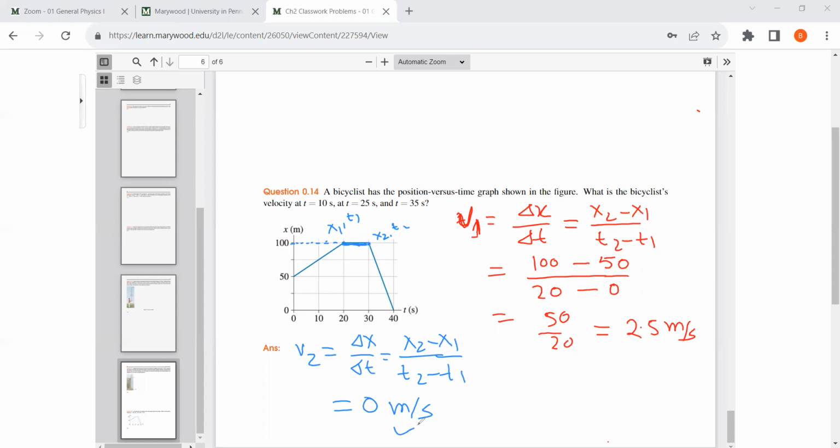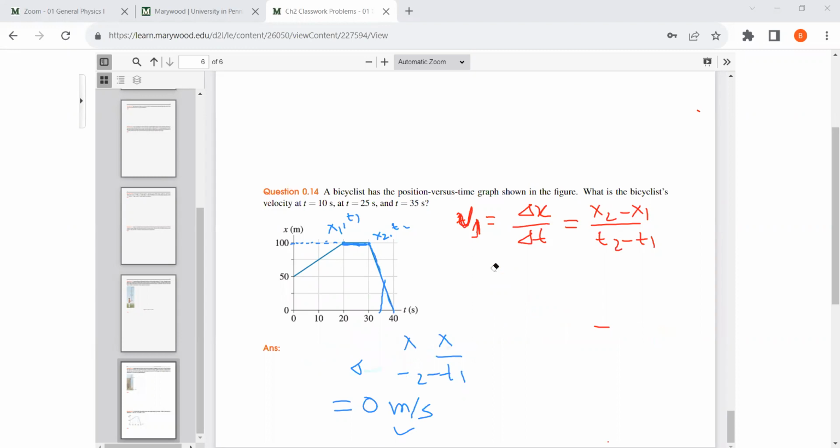And then 35 seconds is somewhere here. So we have to calculate the slope for the third line. So let's try. Let me erase this and this. I would choose this one as my x2, t2.